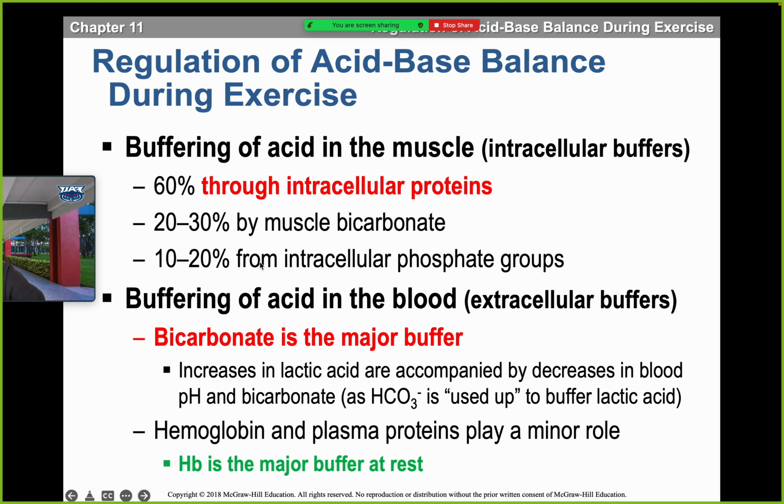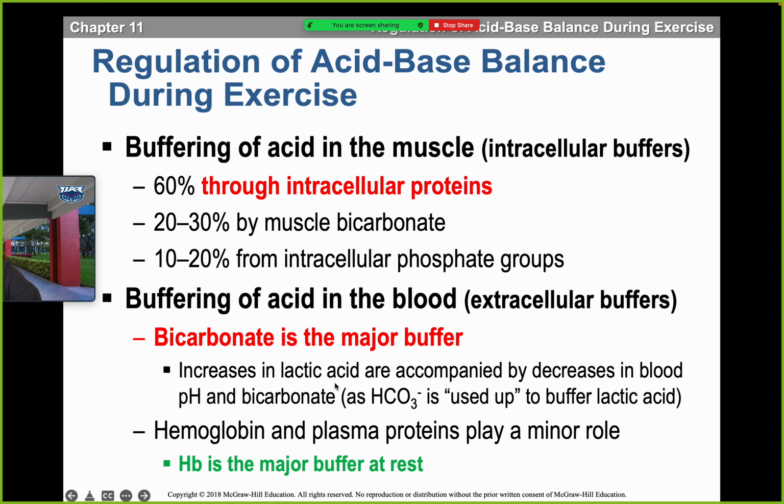So during exercise, within the muscle, we've got our intracellular buffers. The majority of it is through intracellular proteins, about 20 to 30% by muscle bicarbonate, and the remaining from intracellular phosphate groups. In the blood, when we're dealing with our extracellular buffers, bicarbonate is our main player, which is what we've been talking about this whole time.